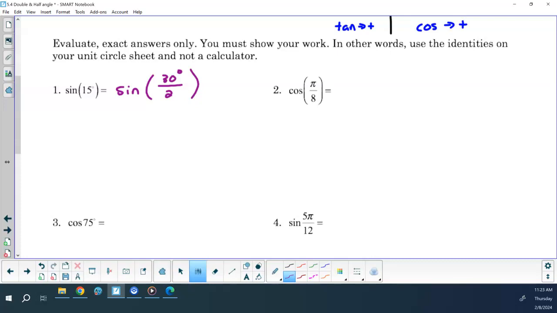Positive. So that means that this then is going to be positive. Then it says we need a big square root of 1 minus the cosine of 30 degrees, all divided by 2.